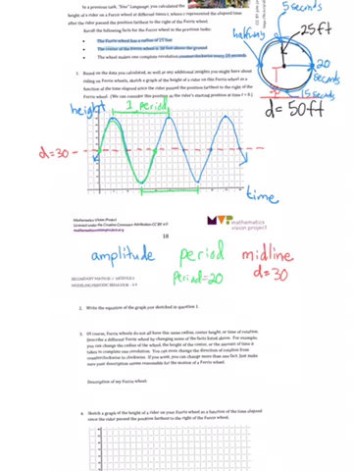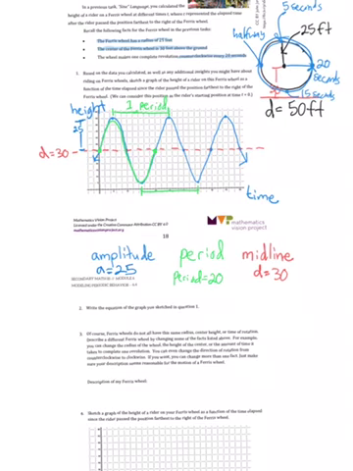The last part, the amplitude, is how high we're going from the midline to the maximum. So the amplitude here happens to be the radius, 25. How high we're going from the minimum to the maximum. And we'll just say A equals 25 for our amplitude.